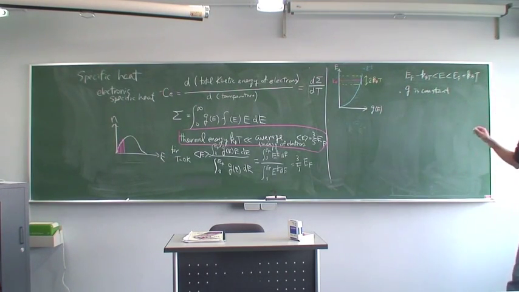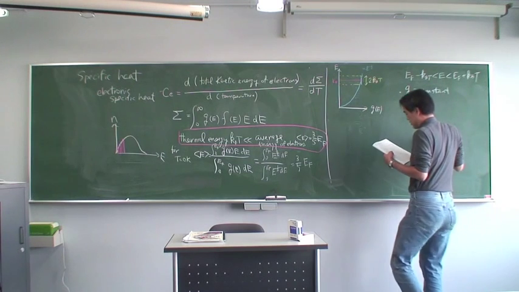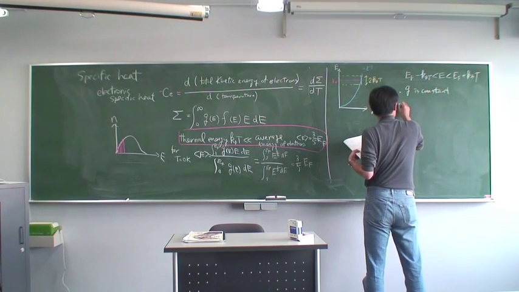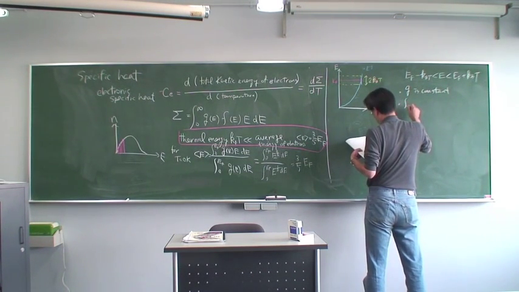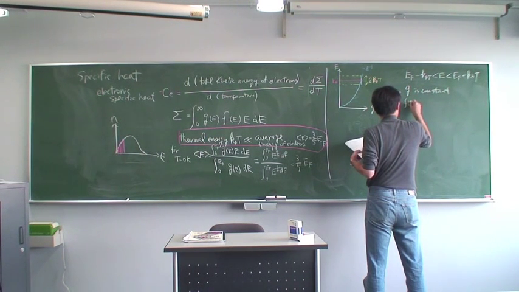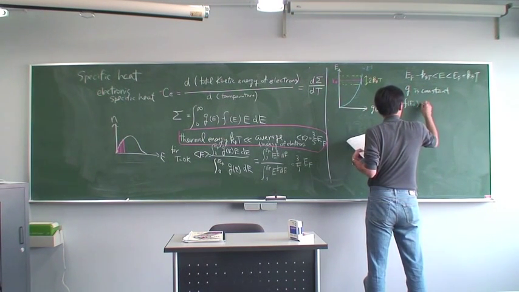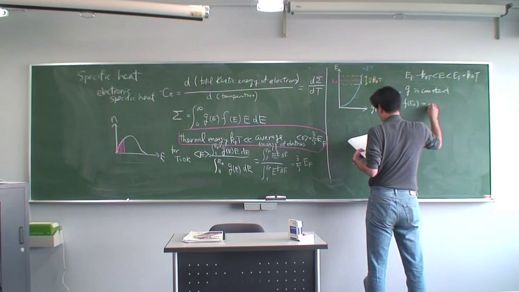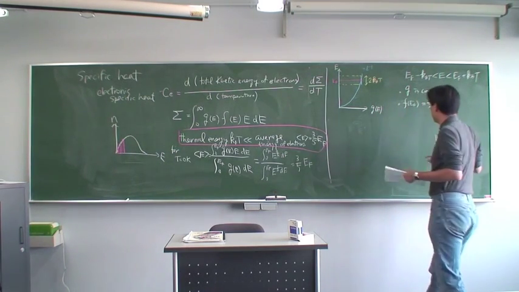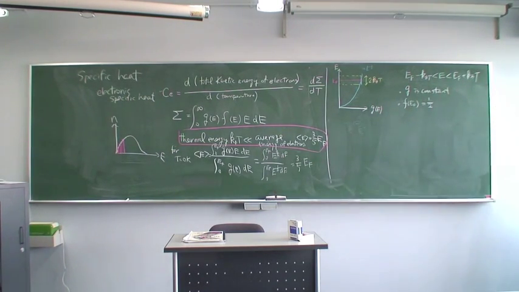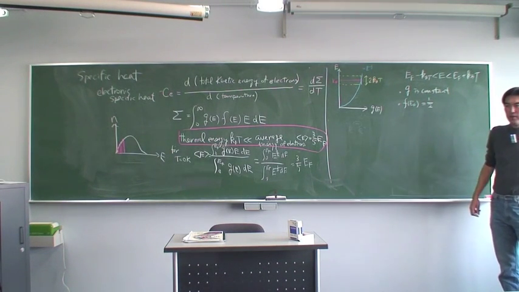We also have, not as an assumption but by definition, that the Fermi-Dirac function at the Fermi level is 1/2. That's by definition.